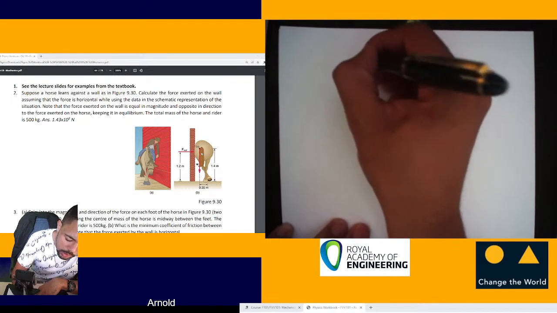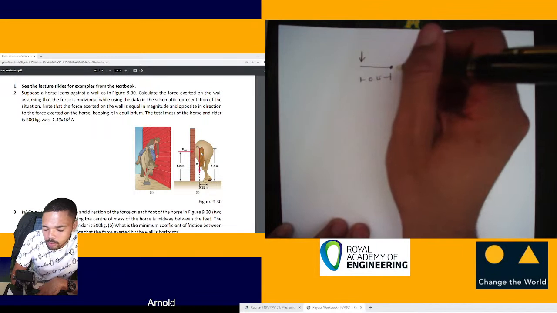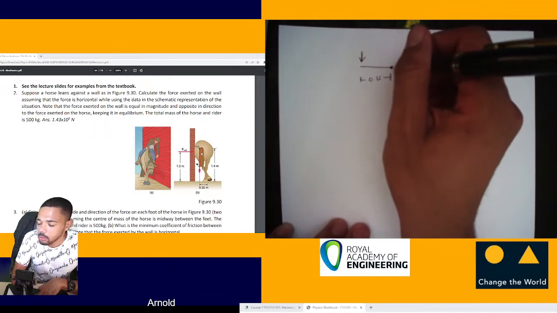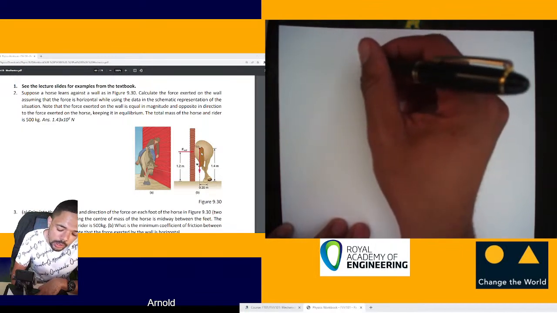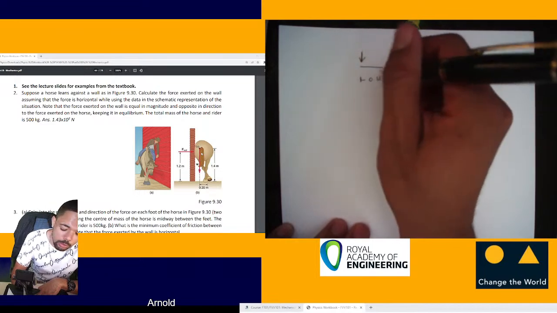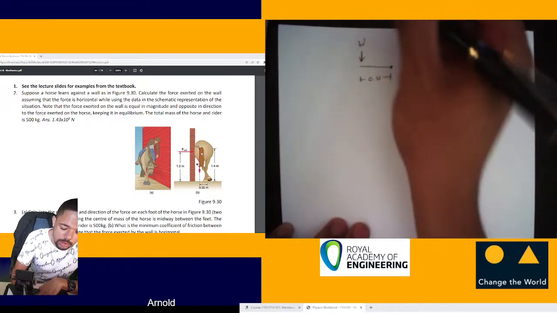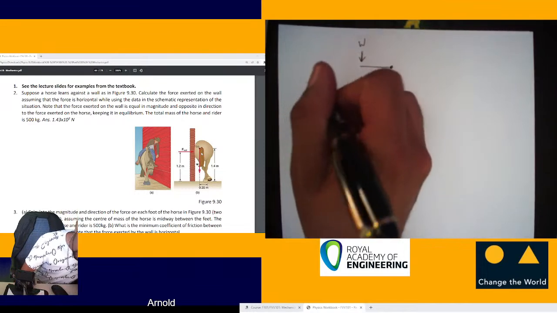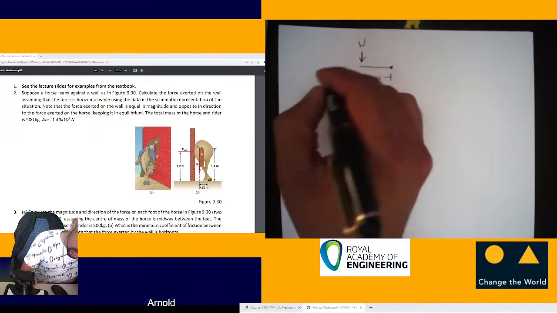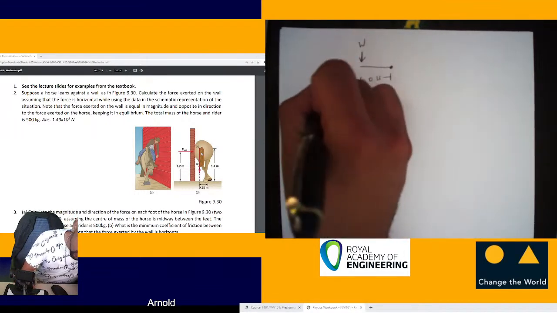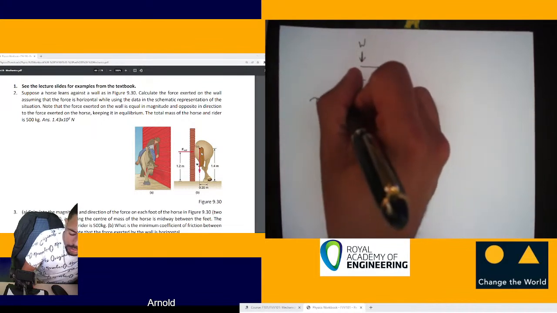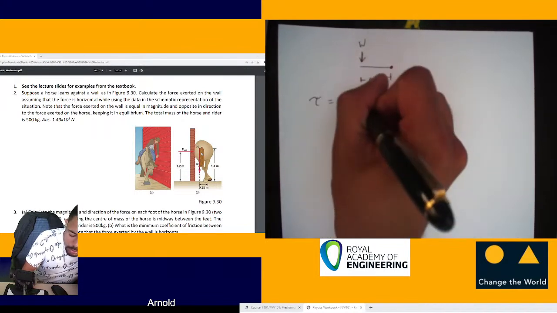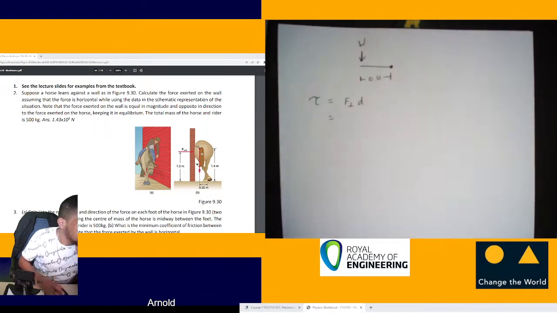The force in this case is nothing but the weight of the horse. So the distance from the pivot point, the toe, to where the weight is acting, which is the center of mass, is 0.35, and the weight in this case is 500 times 9.81.